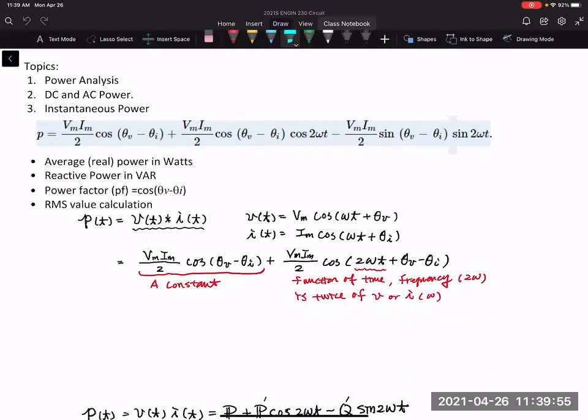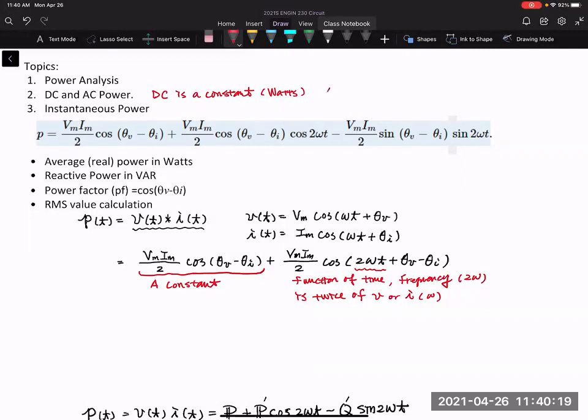Then we have a DC power, we have an AC power. The DC power is a fixed number, right? DC is a constant. And what is the unit for the power? Well, it's in watts. Watts meaning joule per second. Okay, so the watts represent the power.